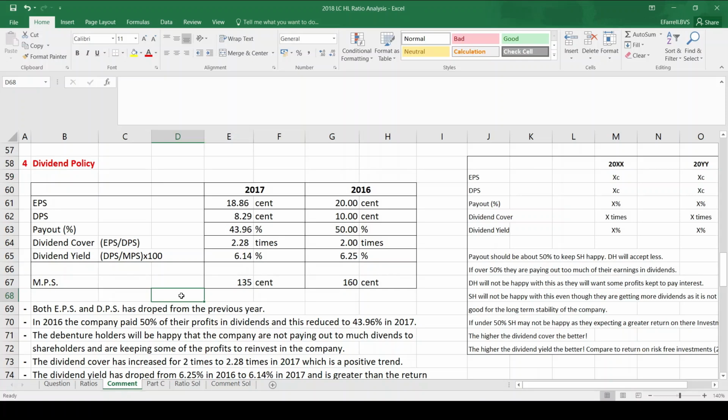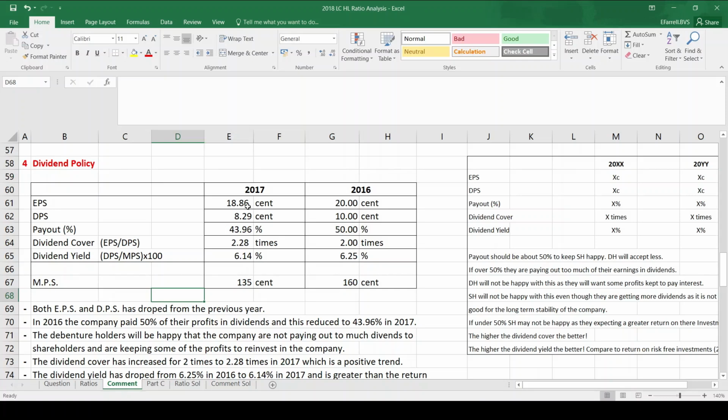Again, from the point of view of shareholders, you might think they would like a really high return, but they would probably be happy with around 50% because they're getting a return and they're also keeping an eye on the long-term stability of the company. If they're getting a payout of 80%, it'll be good for a year or two, but it won't be good in the long term. So around 50% is good.